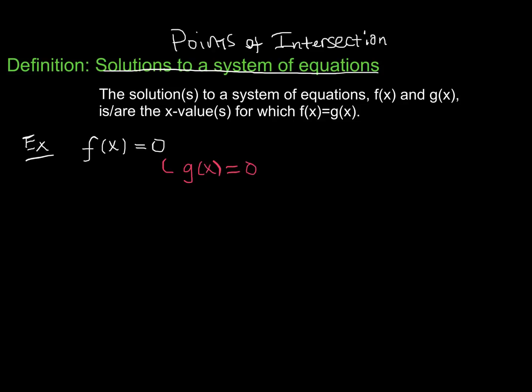In other words, the function that just runs along the x-axis. And that's why the solutions to this system are where the function intersects the x-axis. So we've really been solving this for quite some time, thinking about roots and where they intersect the x-axis.